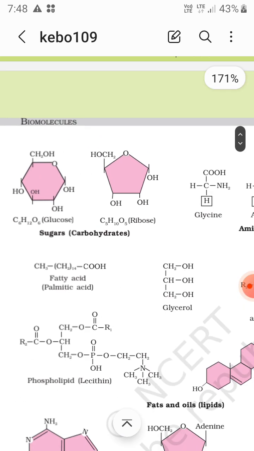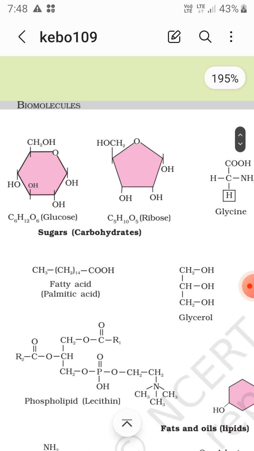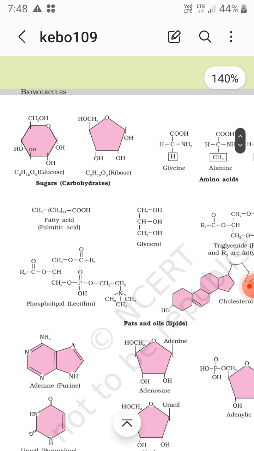These are the amino acids. Now these are the sugars, that are carbohydrates. C6H12O6 is glucose. C5H10O5 is ribose. One OH is upside at the third position in glucose, and the rest are downward. So these are the sugars and carbohydrates.